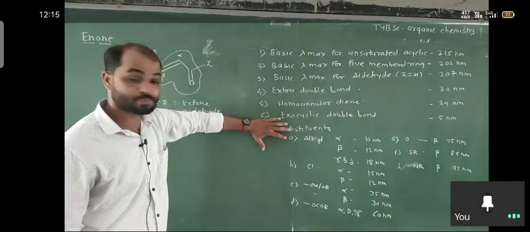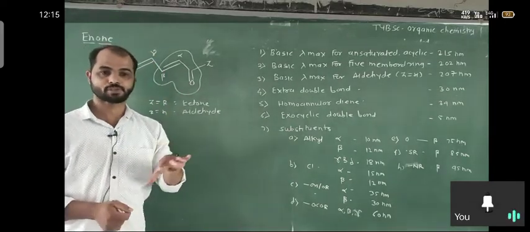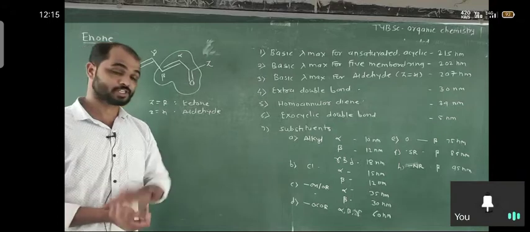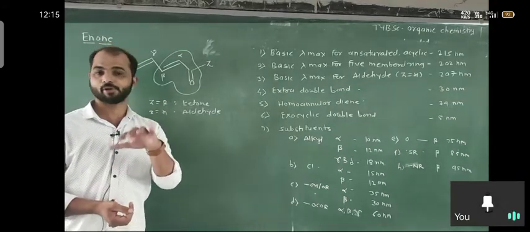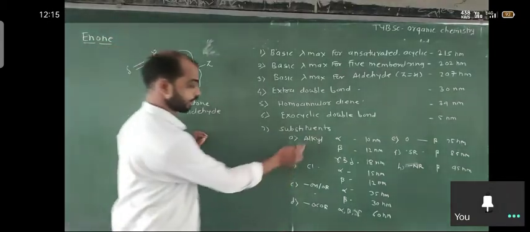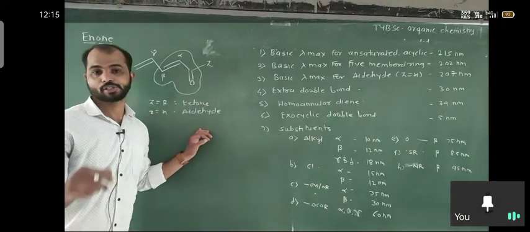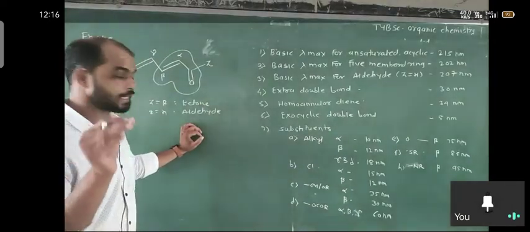Then next are the substituents. In case of diene, the alkyl substituents are just counted, and for each alkyl substituent, we take a value of 5 nanometer. But here the thing is different. If alkyl substituent, then see their position: alpha position, beta position, gamma position, or delta position.